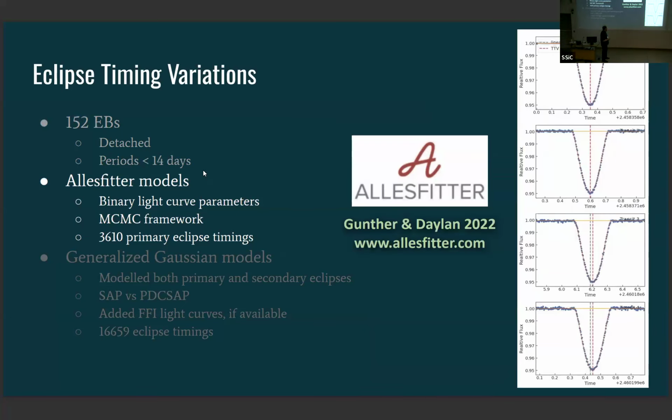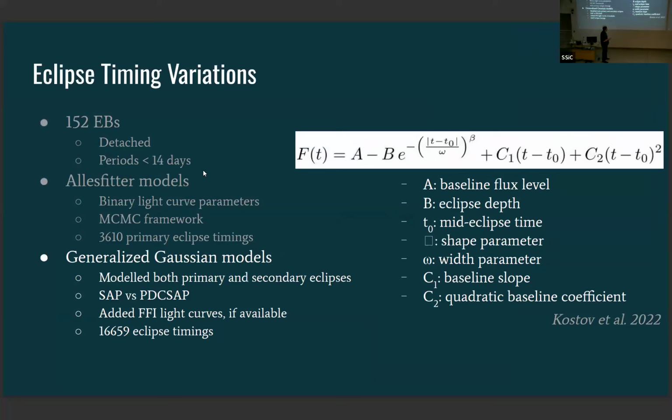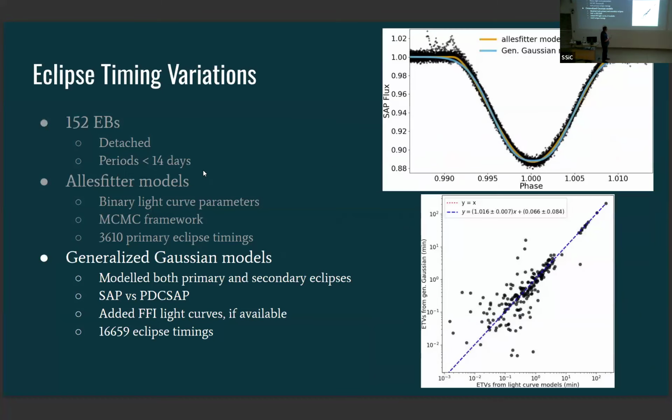We modeled them with LS-Fitter, which is a tool that you can use to model transits, radial velocities, and many other things. And we did the same thing with generalized Gaussian models, and with these two methods, we determined their exact eclipse mid-times and built eclipse timing data for our targets.